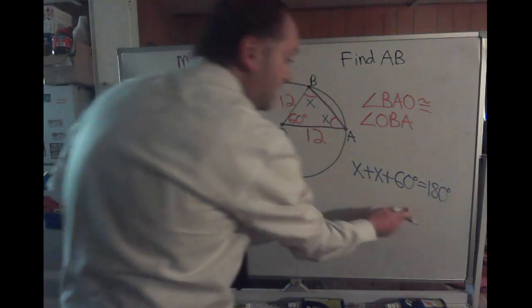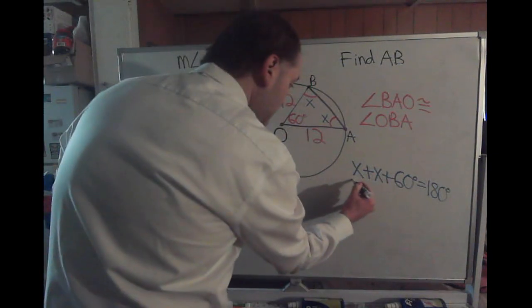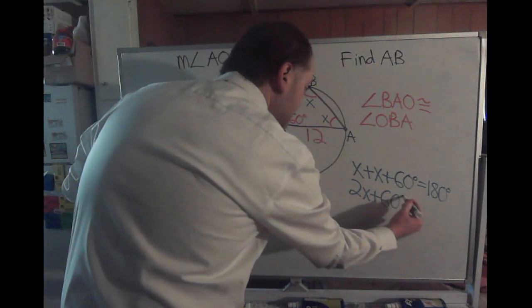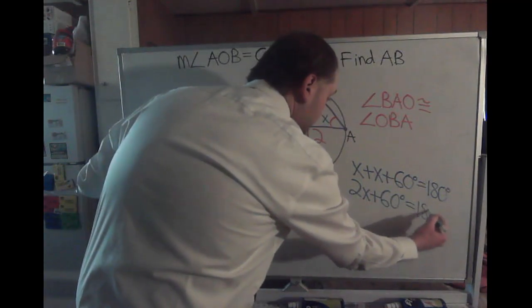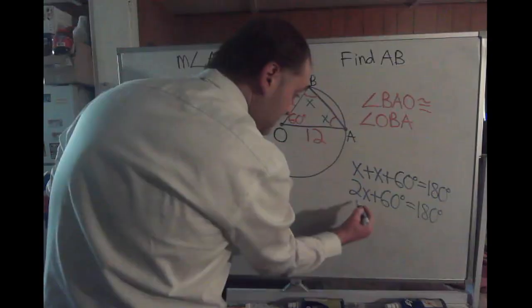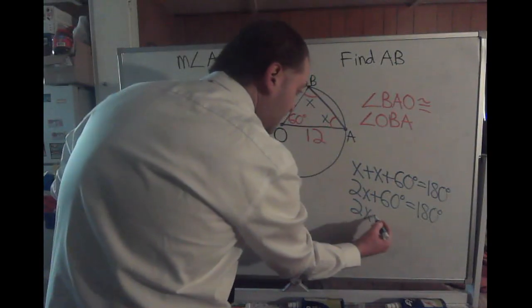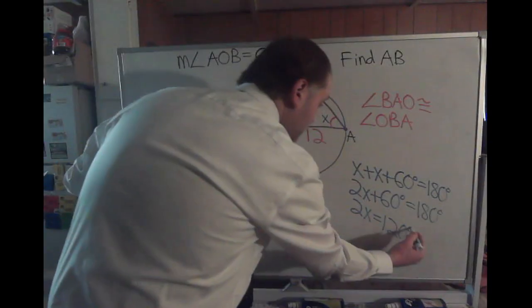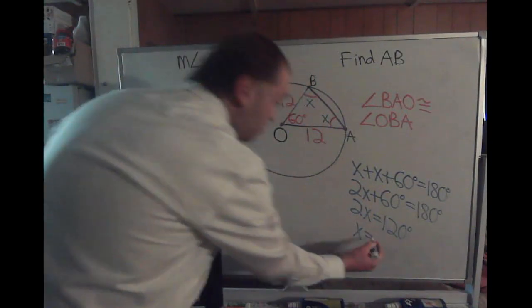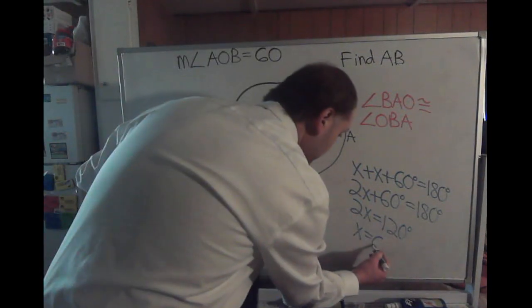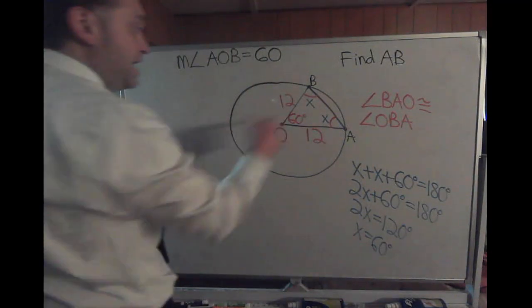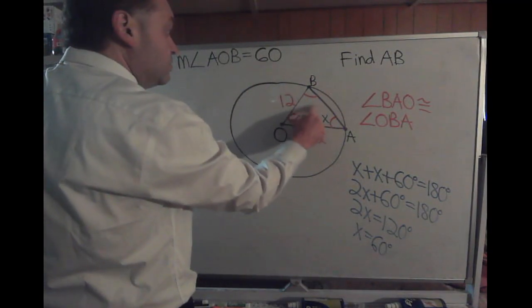Since there's 180 degrees in a triangle, you get 2x plus 60 is equal to 180 degrees, which would mean that 2x equals 120 degrees, which would mean that angle x would simply equal 60 degrees. So in other words, you actually have two more 60-degree angles.